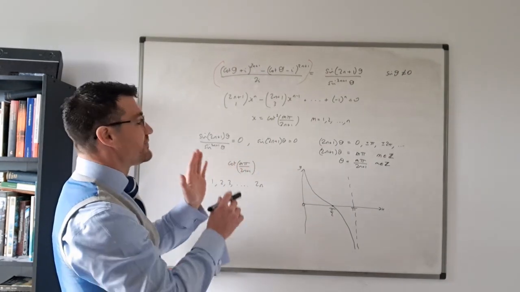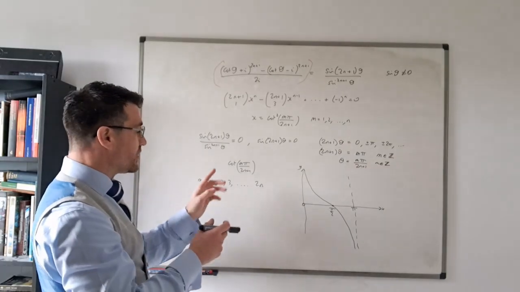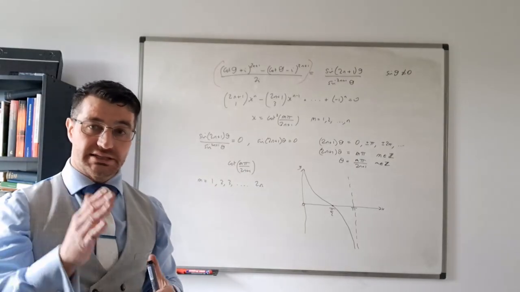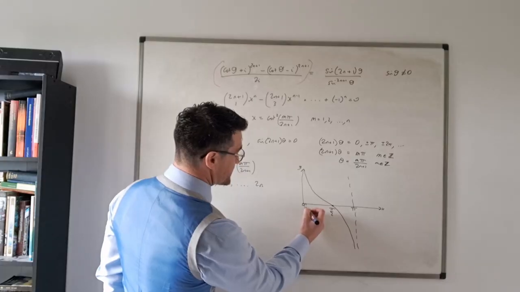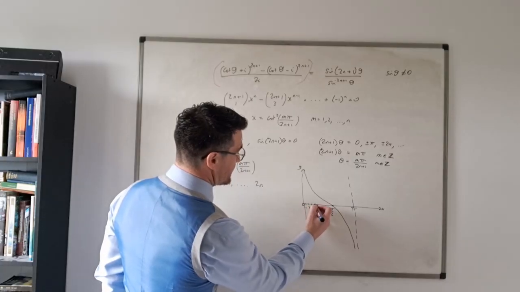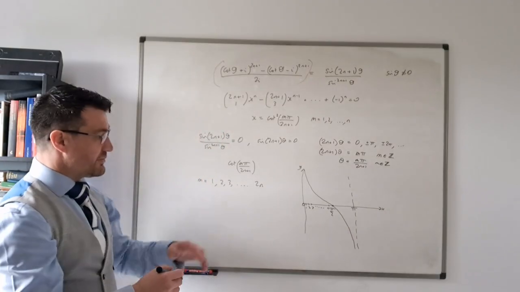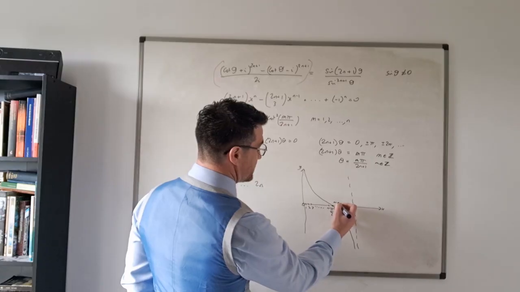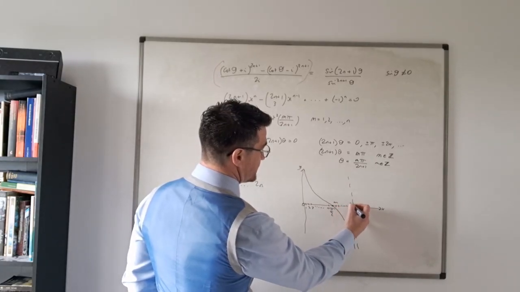For m between and including 1 and n, m pi over 2n plus 1 is going to be less than pi by 2. So we get m equals 1, 2, 3, up to n. Then once we get to n plus 1, we jump over pi by 2 and we get to here: n plus 1, n plus 2, up to 2n.